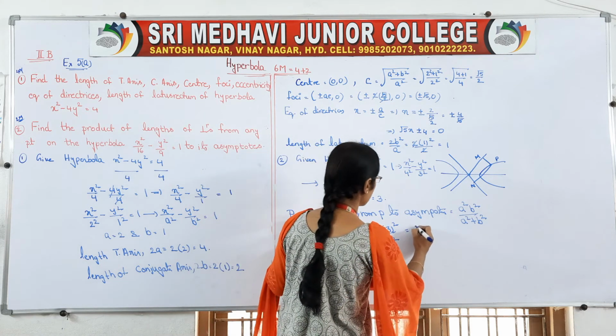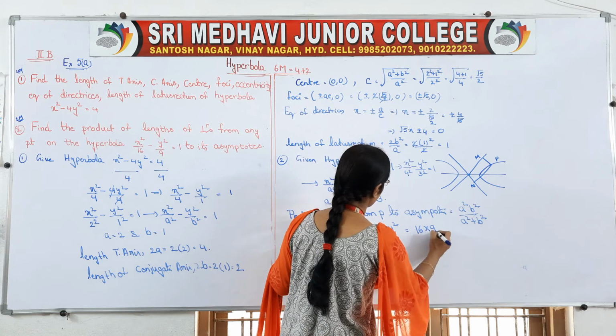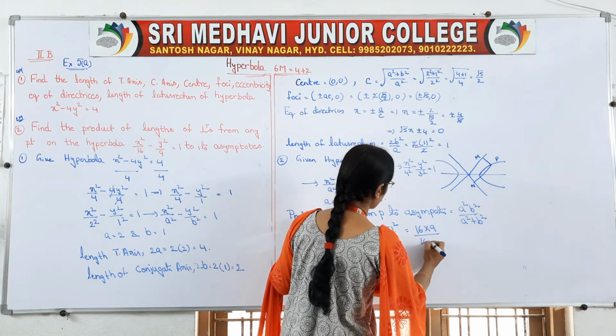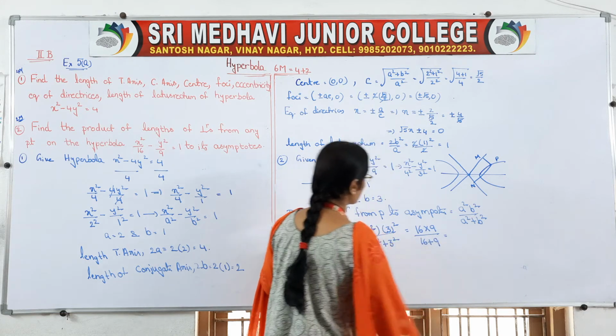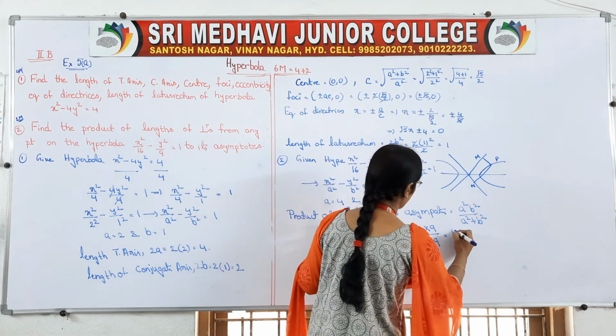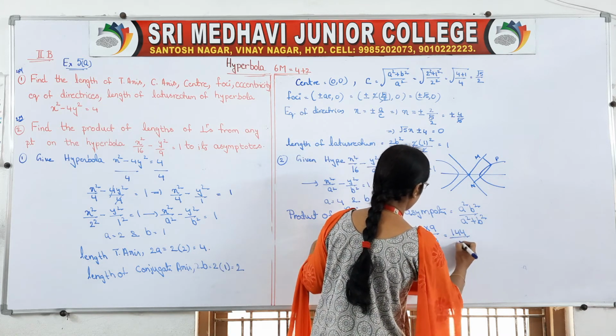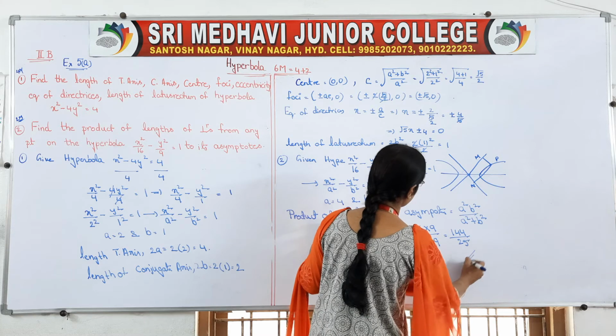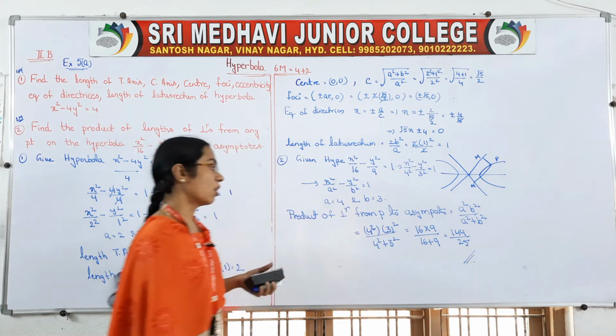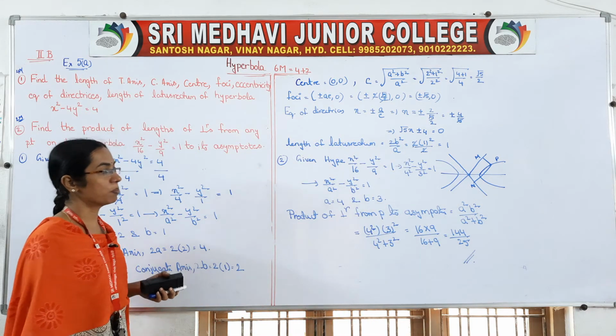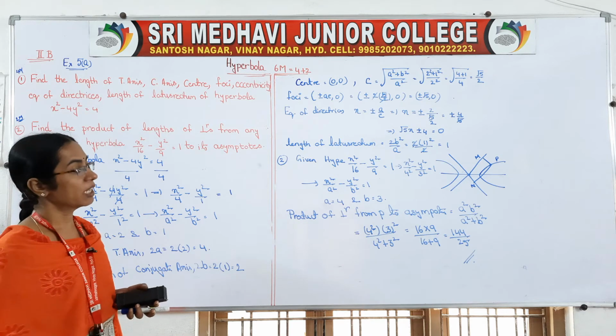So it is nothing but 16 into 9 by 16 plus 9. So 16 9s are 144 by 25. This is the product of perpendiculars from P to the asymptotes, right?